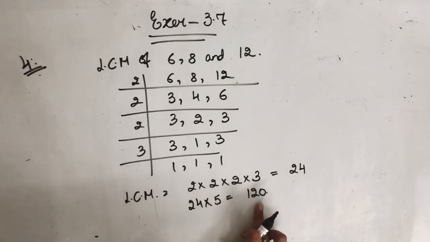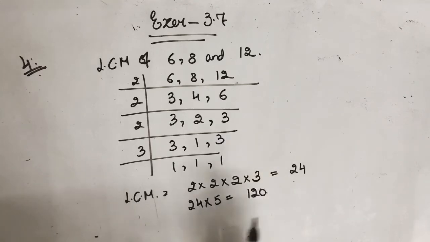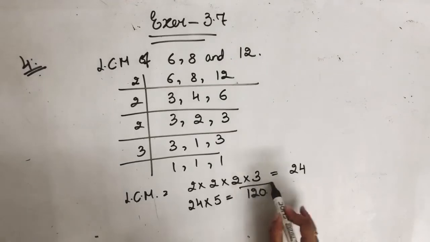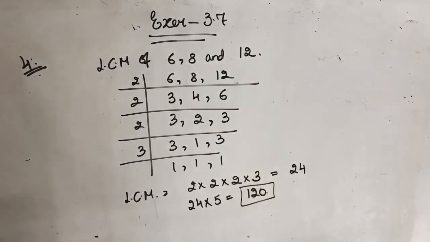Also 120 is a 3-digit number, and 120 is the smallest 3-digit multiple of 24. There does not exist any multiple of 24 which is less than 120 and is a 3-digit number. So the answer of this question is 120.